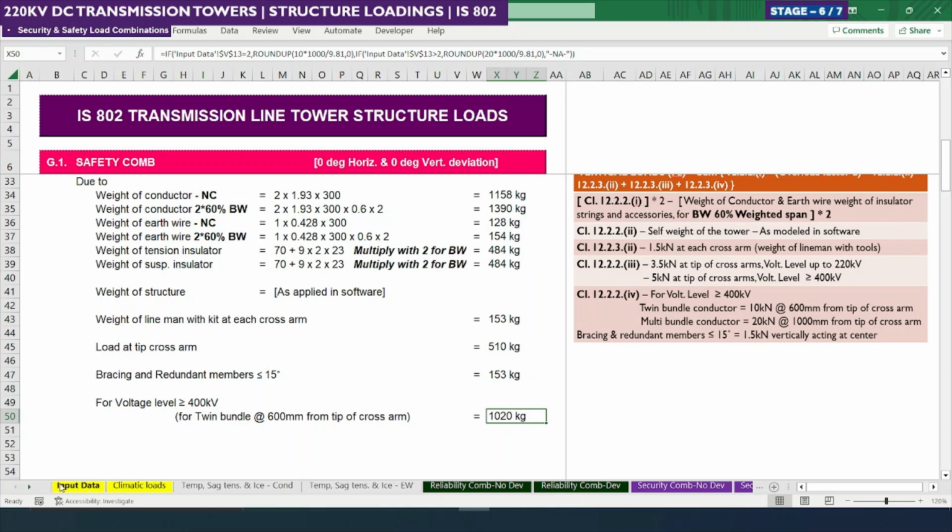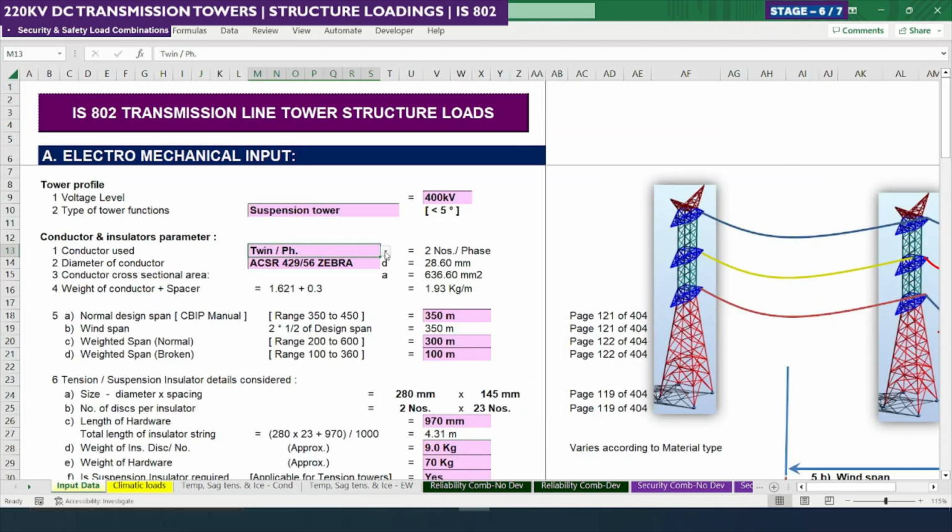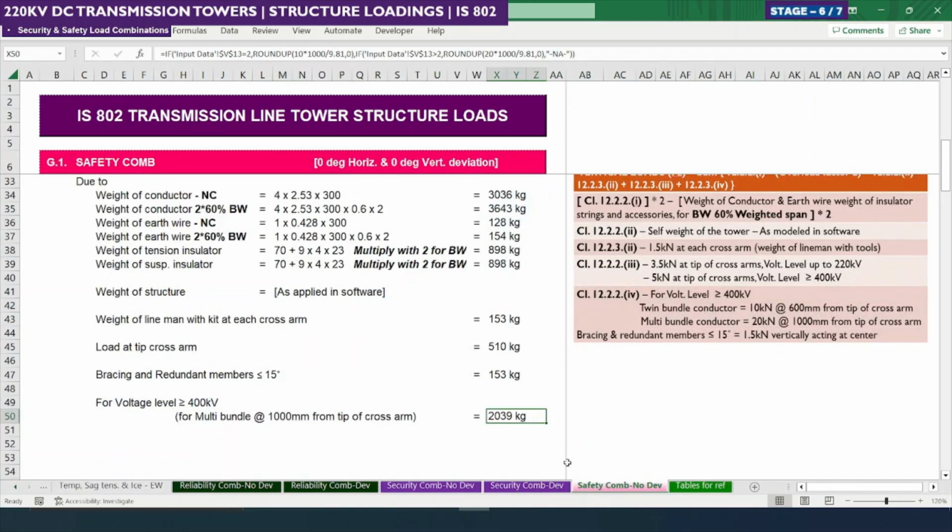Suppose I select a bundle like quad, which is more than 2, you can see here 20 kN, 2039 kg at 1000 mm from the tip of the cross arm should be considered.